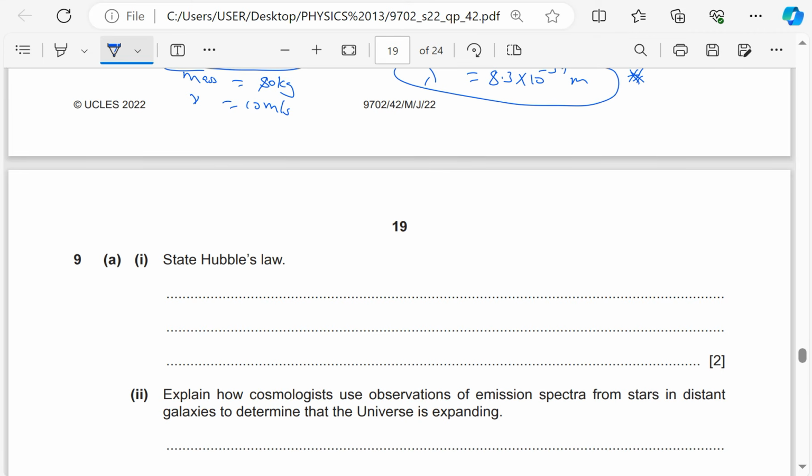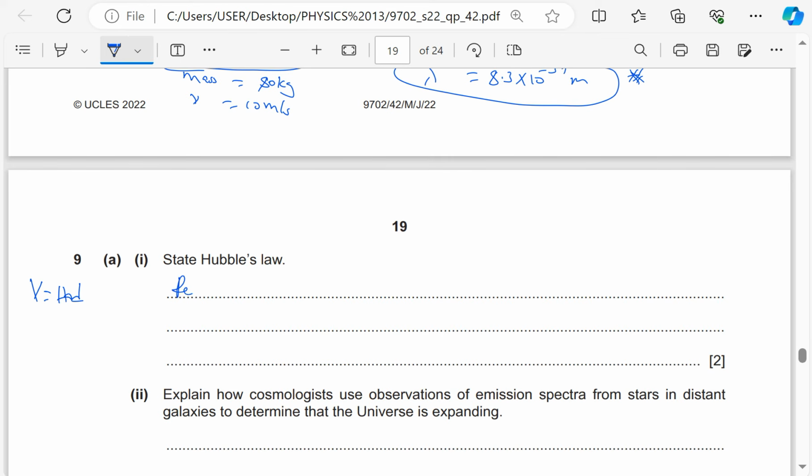Then astrophysics and cosmology: state Hubble's law. Of course, Hubble's law: v, the recessional velocity, is equal to H naught times d.